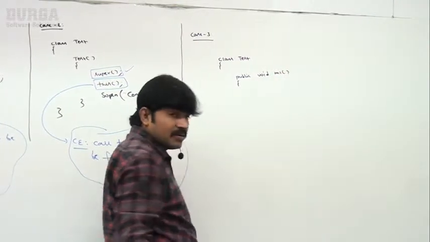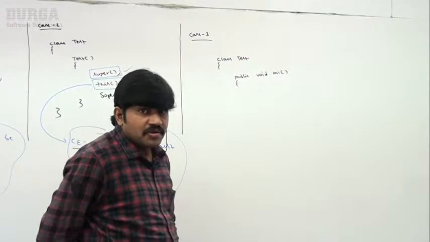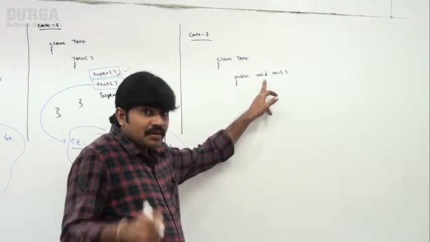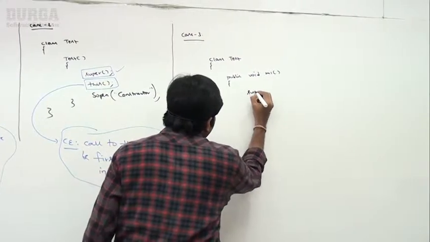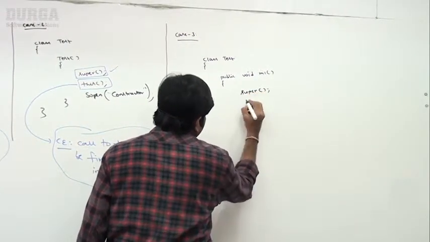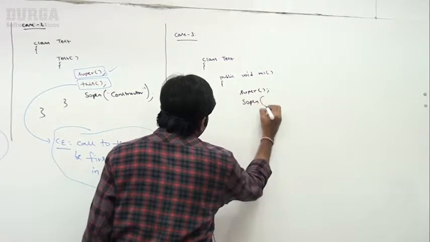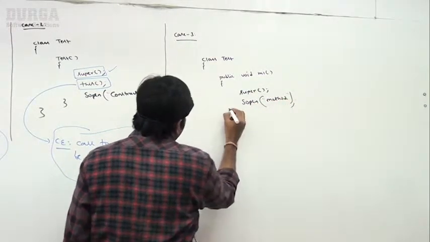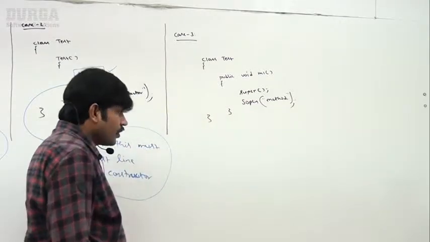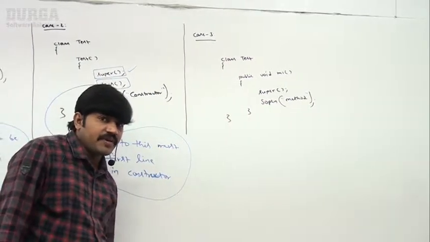Public void m1. Can you please tell what is this one? Is it a constructor or a method? Method, a normal method. Now I am taking super in the first line, and then just System.out.println like this I'm taking. Can you please tell, is it valid or invalid?